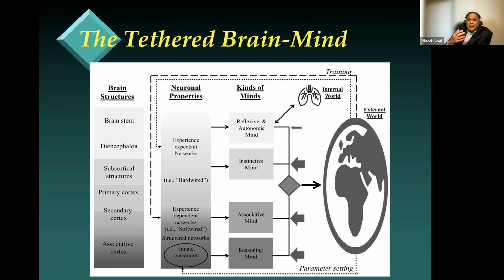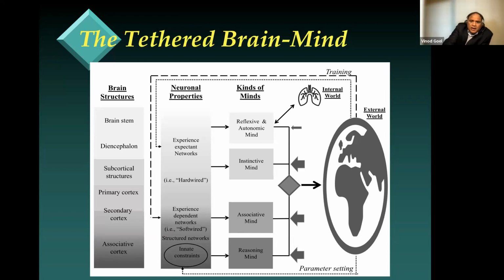But really, I prefer the terms by Greenough: experience-expectant networks and experience-dependent networks. So these hardwired networks are really experience-expectant networks. They expect the world to be a certain way, and they're wired up for that. These networks get wired up by interacting with the world.